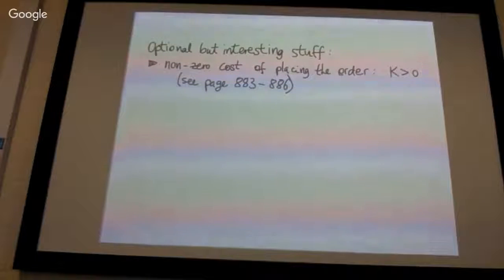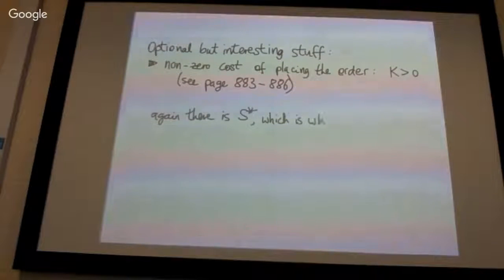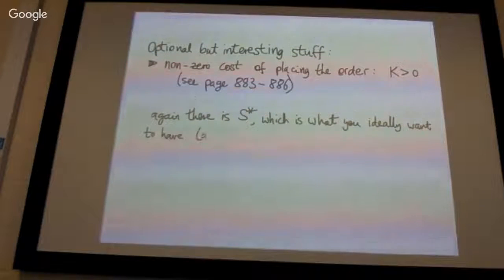So how does it work? Again, there is a star, which is what you want to have. So if your inventory is like this, order nothing because you already have enough.